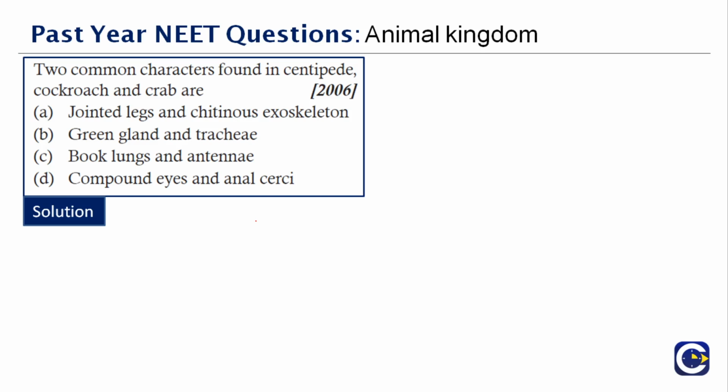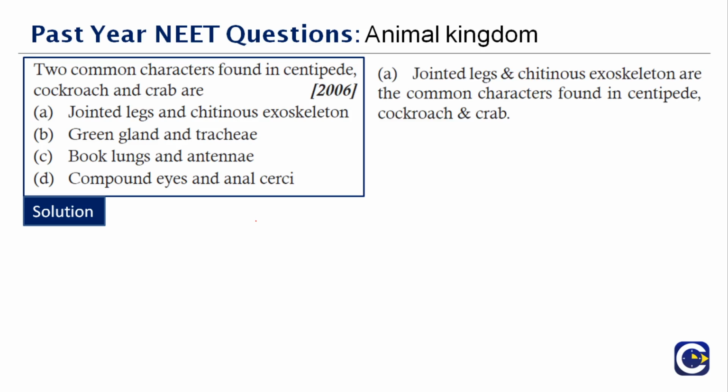We'll analyze: jointed legs and chitinous exoskeleton; green gland and trachea, that is wrong; book lungs and antennae; compound eyes and anal cerci. Two common characteristics found in centipede, cockroach and crab are jointed legs and a chitinous exoskeleton. That is true. Therefore the correct answer is option A.